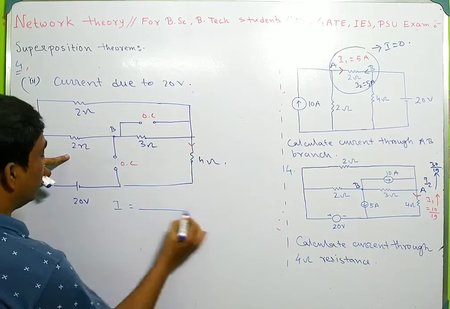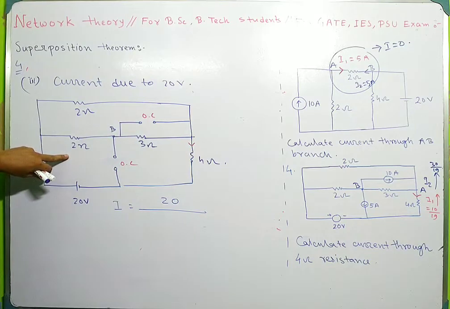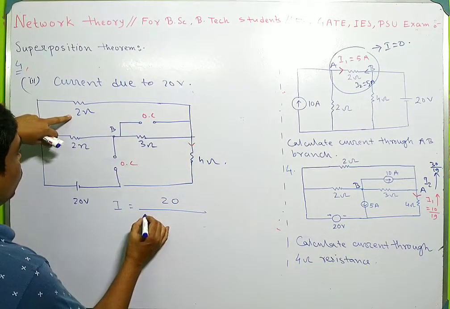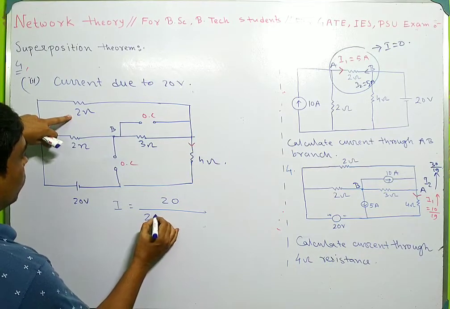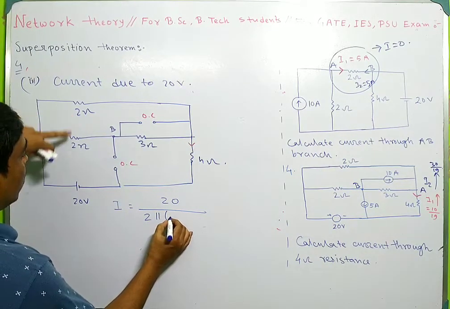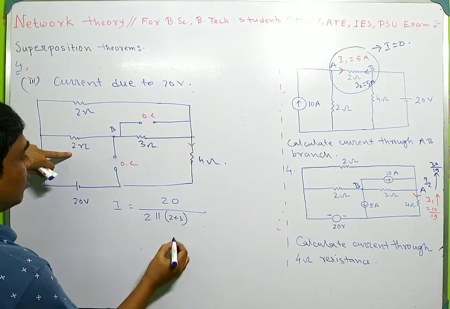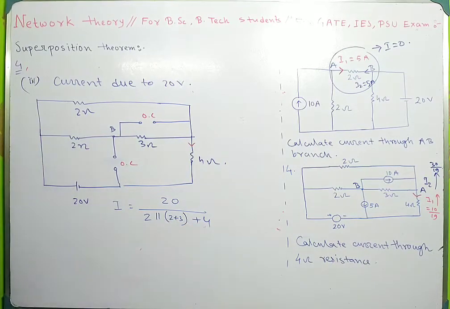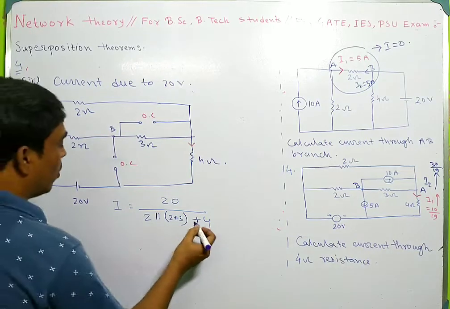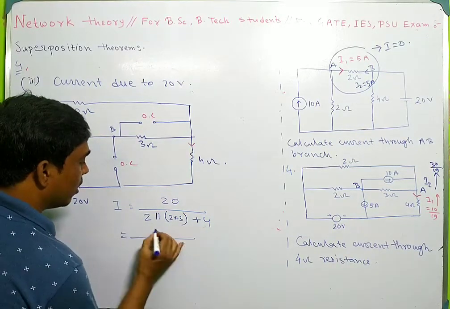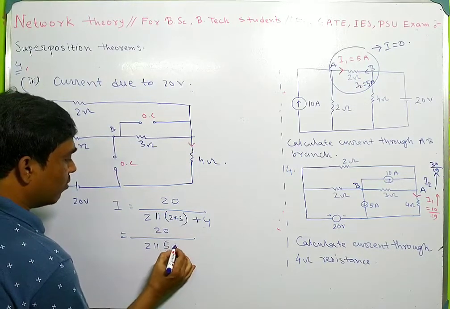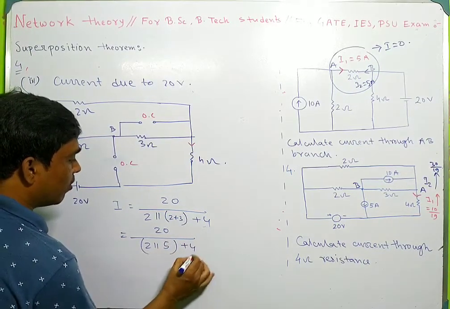I can be calculated as 20 divided by 2 parallel 2 plus 3, and these are in series. So it will be 20 divided by 2 parallel 5 plus 4.